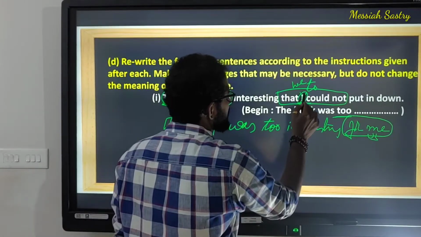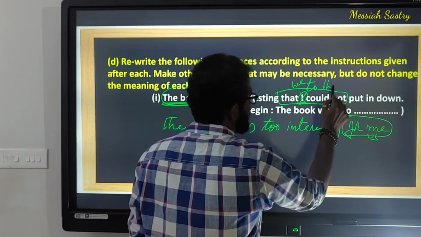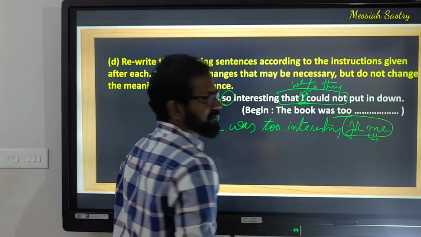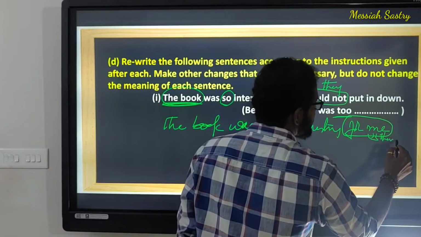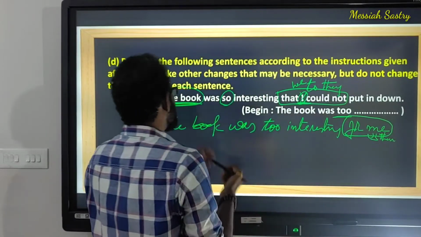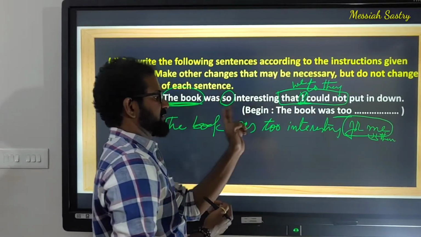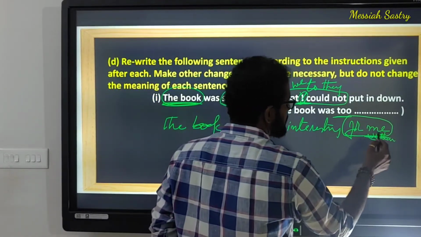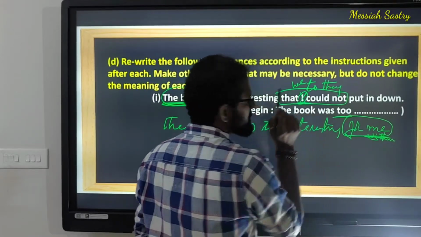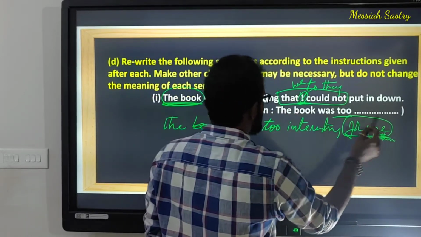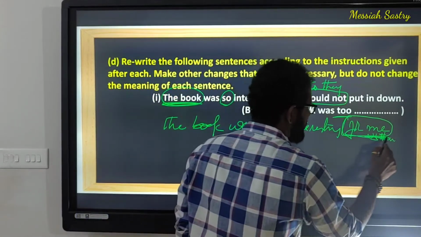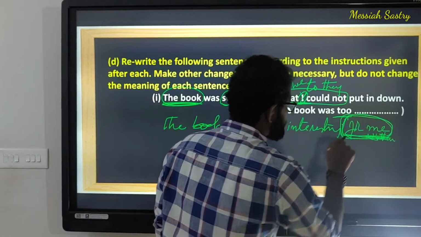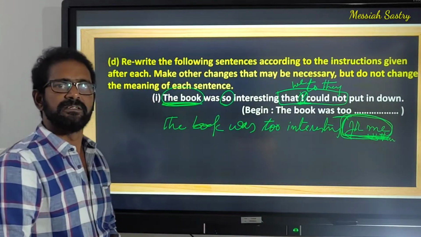Suppose the subject was they, "they could not," then it is supposed to be "for them." So based on the subject, because the two subjects differ, we use it accordingly. For me. So once again, the book was too interesting for me. Be careful. Most students forget to write "for me."